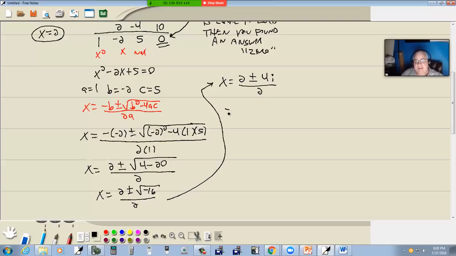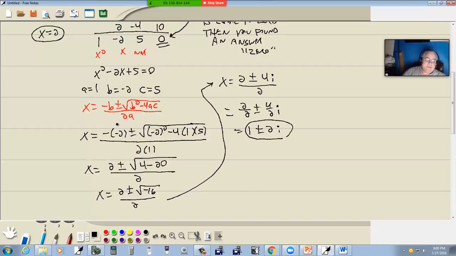Now since we have an imaginary part, I want to split this up. Real part, 2 over 2, plus or minus, and then imaginary part, 4 over 2, with an i beside it. So we have them separate. So 2 divided by 2 is 1, plus or minus, 4 divided by 2 is 2, so we got 2i.